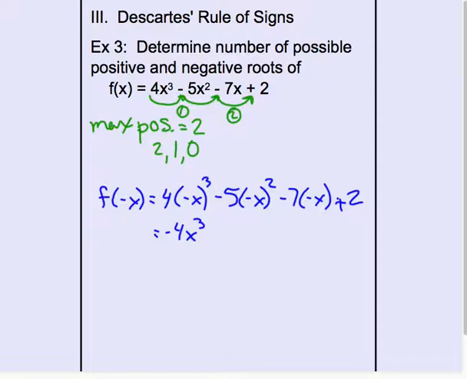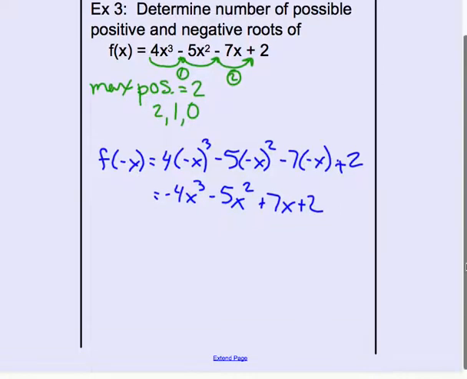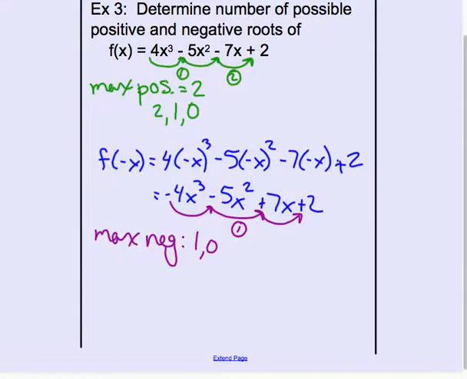Negative x squared will become positive, and negative 7 times negative x will be positive 7x. So now we count the sign changes on this function to get the maximum number of negative roots. Negative to negative, no sign change. Changes to positive and stays positive. So we could have 1 negative root, or we might have 0 negative real roots. But the most negative roots we could have would be 1.